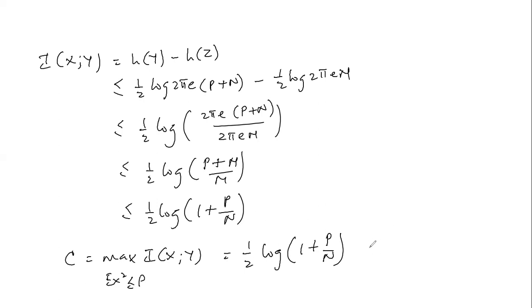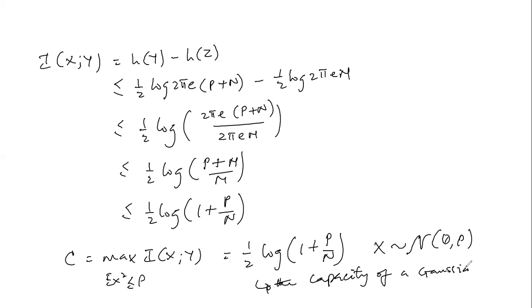And you should know that the maximum is attained when we have the normal distribution with mean 0 and variance P. Now, this is the capacity of a Gaussian channel with power constraint P and noise variance N.